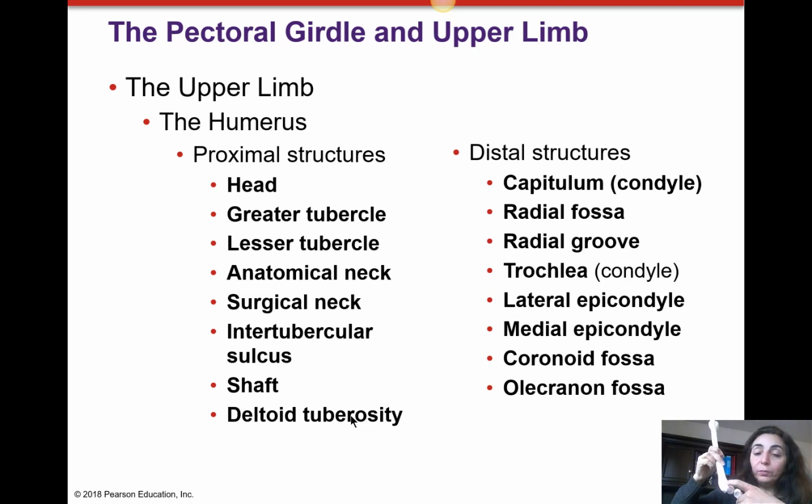What about this other one? The radius is going to make a joint here, and when the radius makes a joint with the capitulum and the elbow closes, the radius is going to go into that one. We call it radial fossa, the shallow fossa that we have over the lateral side above the capitulum.